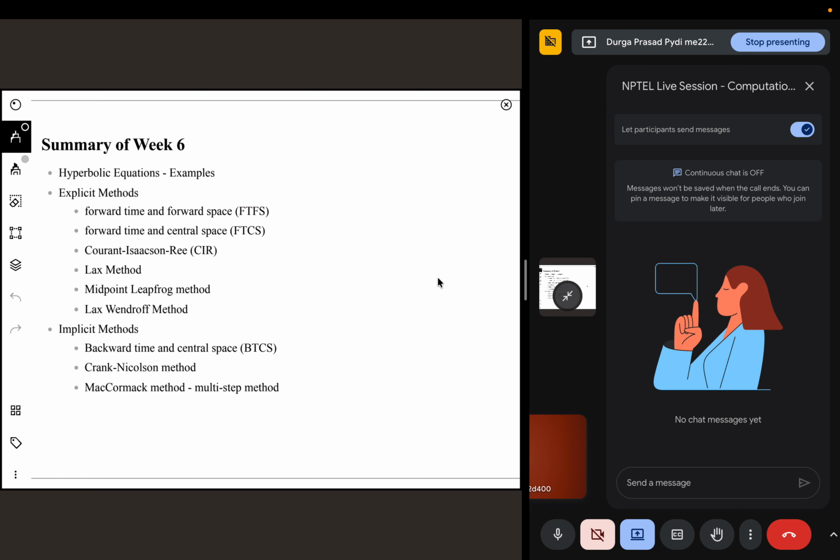Within explicit, all these terms you will be familiar with from when we solved the parabolic equations. For time you can use forward, and for space you can use forward or central, or you can also have time to be central.